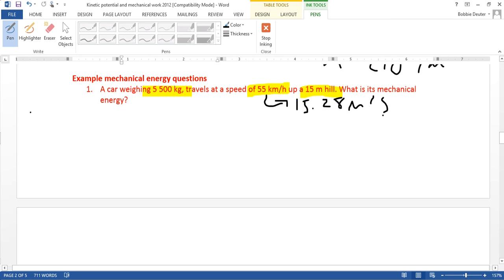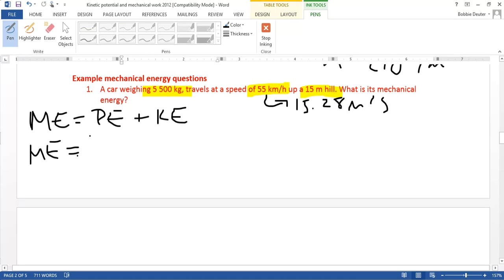Okay, so ME is equal to PE plus KE, which means ME is equal to mass times height times gravity plus 1/2 mass times velocity squared. You can write that under your equation.